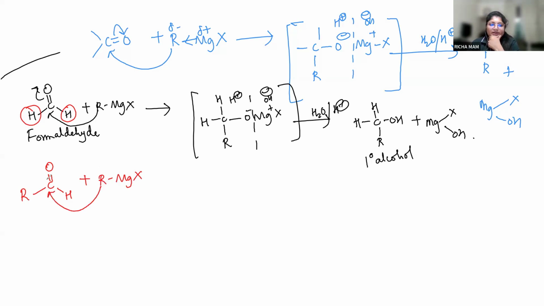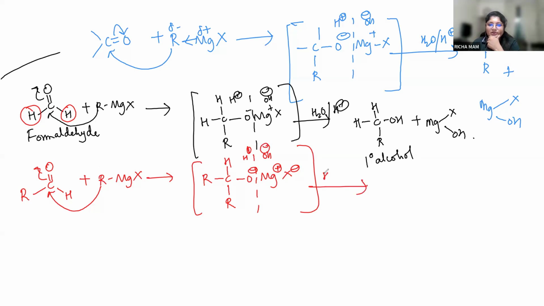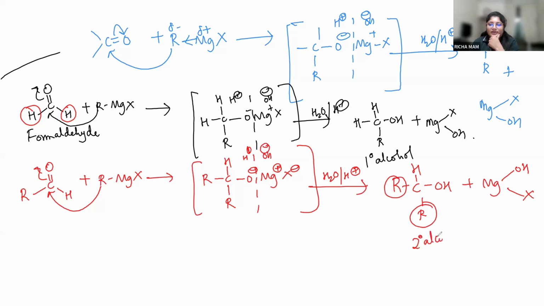Again this will polarize, and I am going to get R, C, H, R, O minus, Mg plus X minus. Again, addition of H plus here and OH minus here, in the presence of water, that is acid hydrolysis. I am going to get RCHR OH plus MgOH and X. Again there are two R groups, so this is a secondary alcohol.